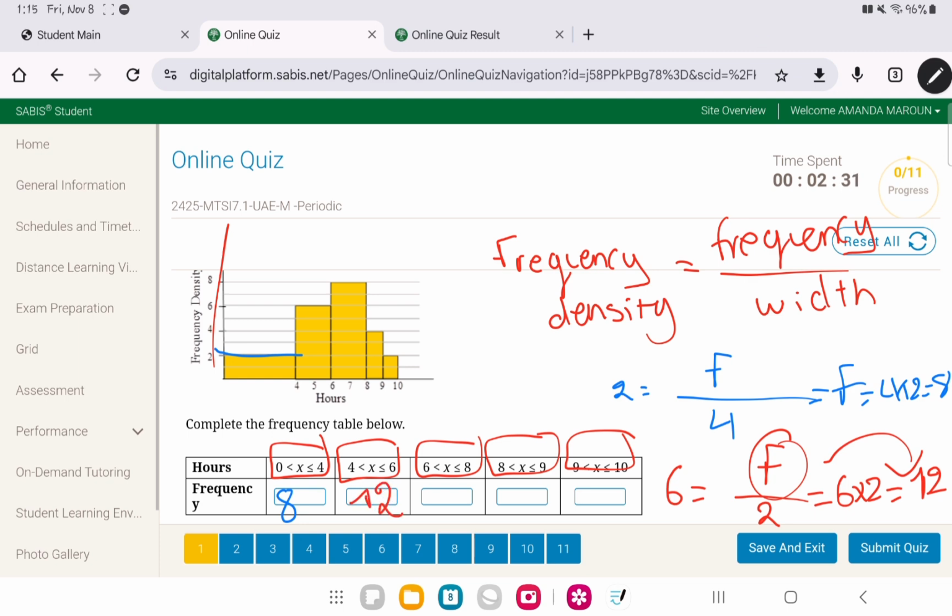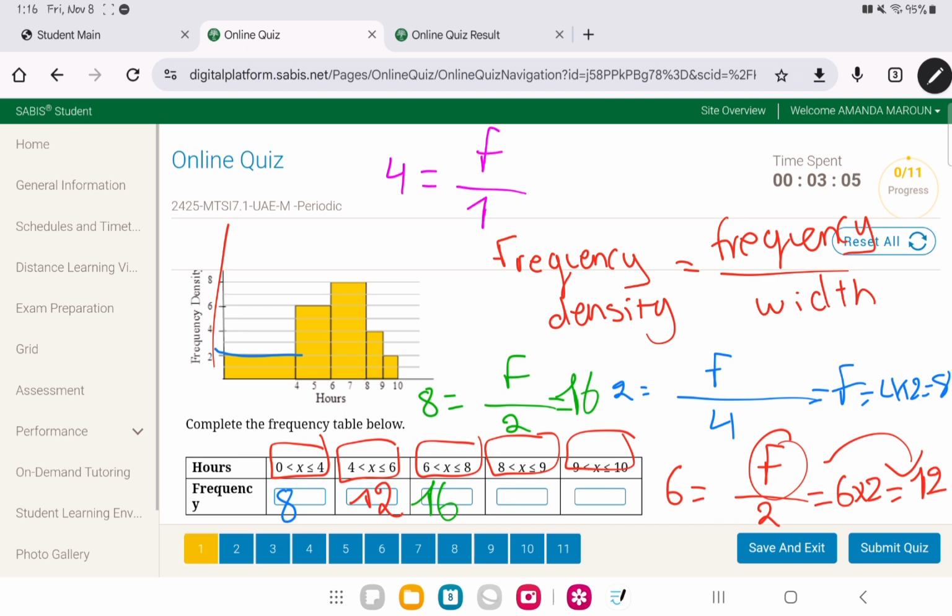The third one, we have a frequency density of 8. So 8 is equal to the frequency over the width, which is 8 minus 6. 8 minus 6 is 2. So then frequency is equal to 8 times 2, 16. Then for the next one, we have a frequency density of 4. 4 is equal to the frequency over the width, which is 9 minus 8, which is 1.